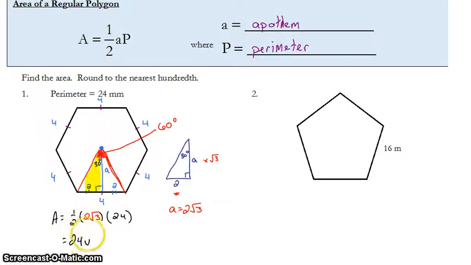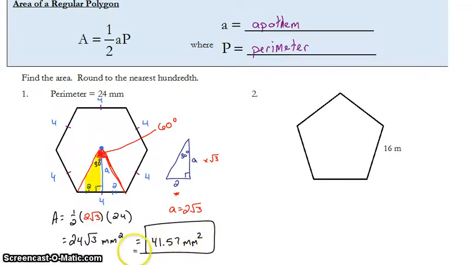I'd get 24 square roots of 3 millimeters squared. But it does say round to the nearest hundredth. That gives me an area here of 41.57 millimeters squared as my final answer.